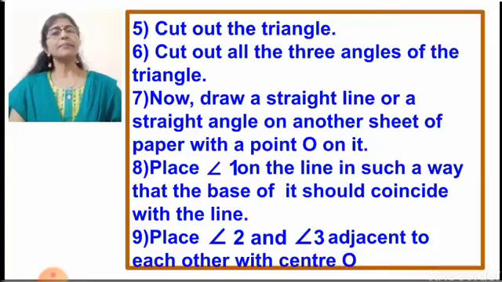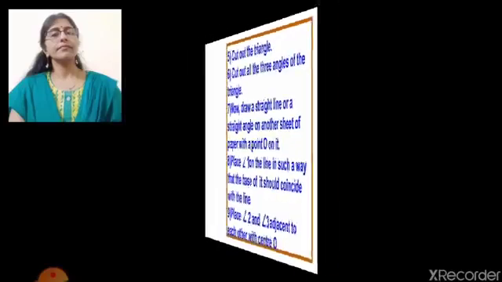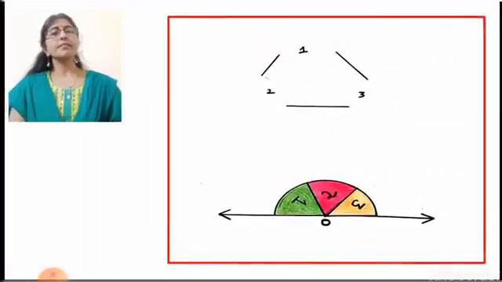Then eighth point, place angle 1 on the line in such a way that the base of it should coincide with the line. And then place angle 2 and angle 3 adjacent to each other. You have seen in the activity, angle 2 and angle 3 should be adjacent to each other with center O. This is the way you are going to stick all the angles on a straight line: angle 1, angle 2 and angle 3.